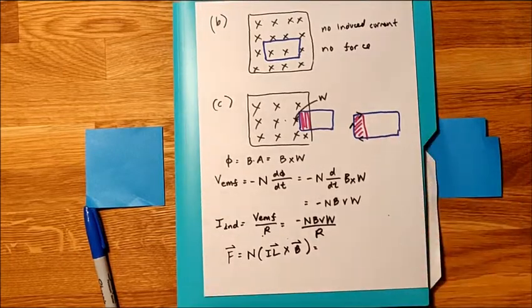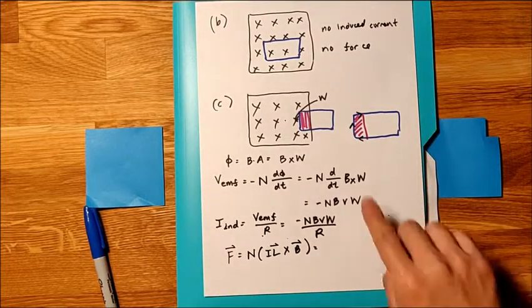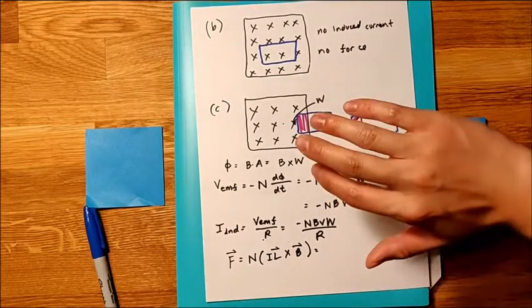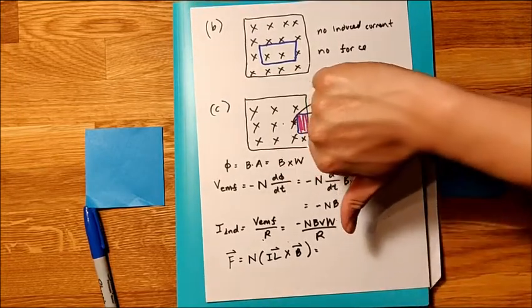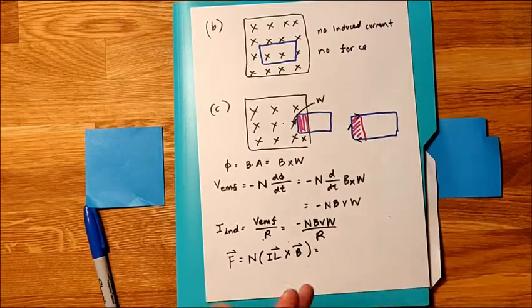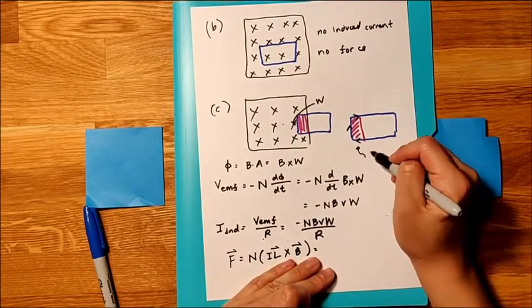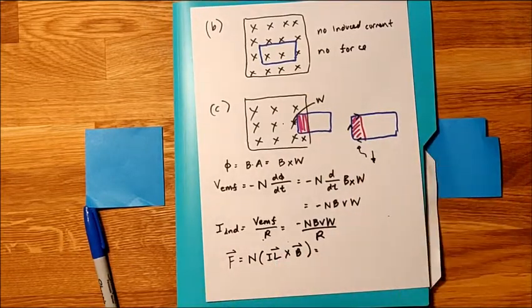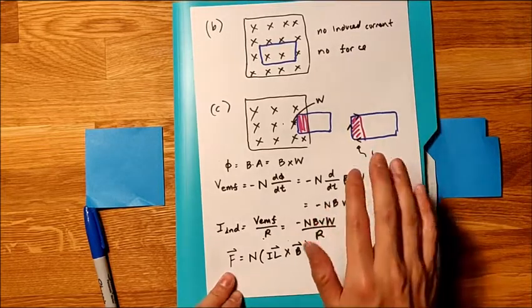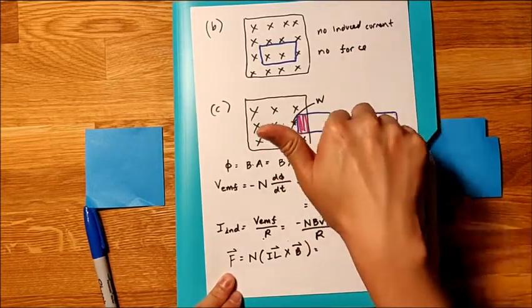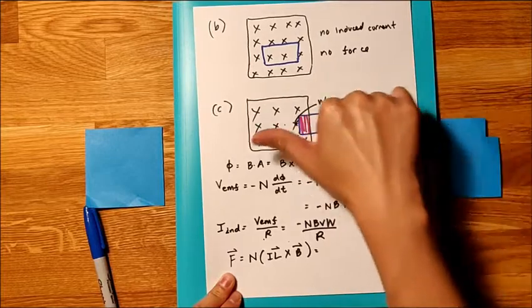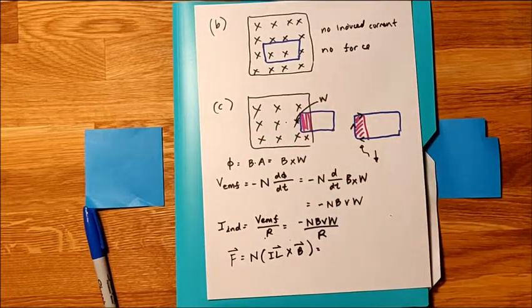So again, let's figure out the direction of the forces from each of these parts. If we do our right hand rule at I L cross with B for this side, we're going to get a force that's going down. So for this side, the force would be going down. And then for this side, I L cross with B, which is going into the board, it's going to be going this way to the left.